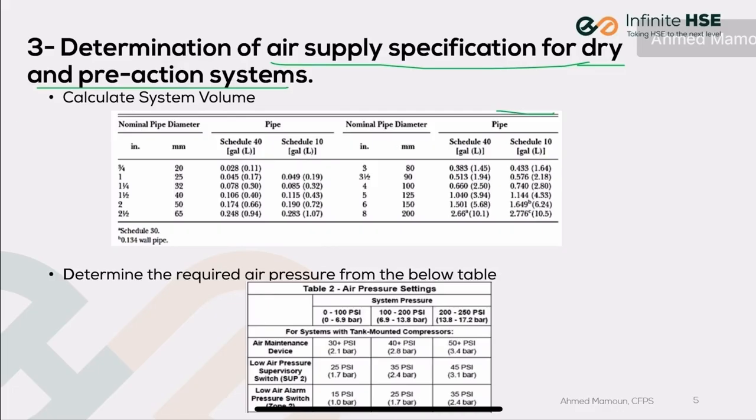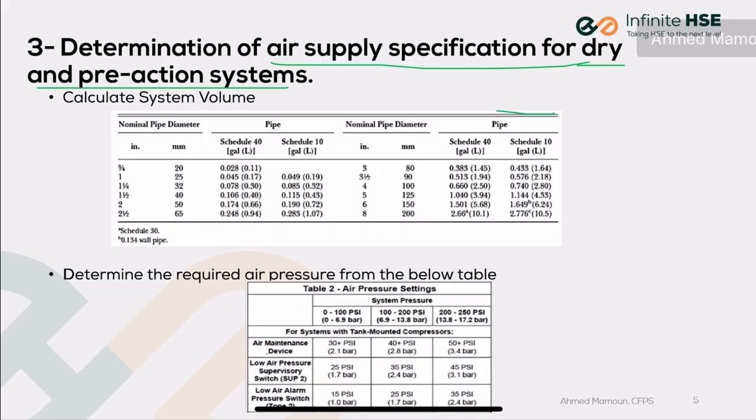This step is only for the dry system and pre-action system: calculating the air supply specification. We start by calculating the system volume. From this table, each pipe diameter gives us the volume per meter, so depending on the size of our network, we can calculate the system volume. After that, we determine the air pressure requirement. This table gives us the air pressure requirement for the dry system and pre-action system.